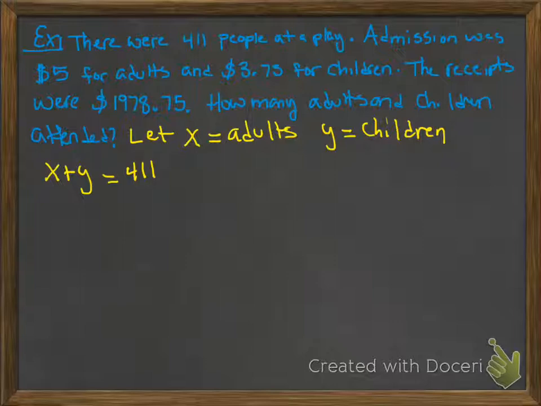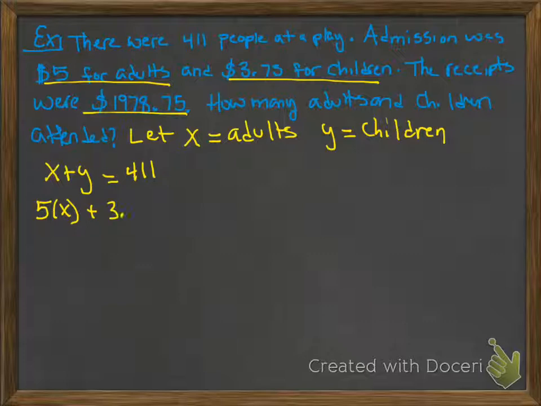Now my other information that I know is $5 for adults, $3.75 for children, and it should total up to $1,978.75. So 5 times the number of adults there were, plus 3.75 times the number of children there were, is equal to 1,978.75.